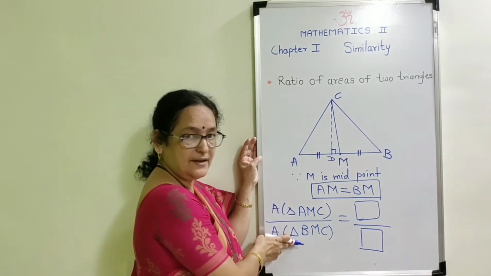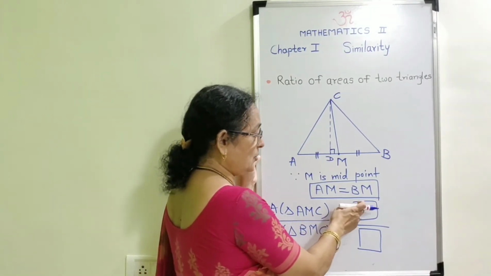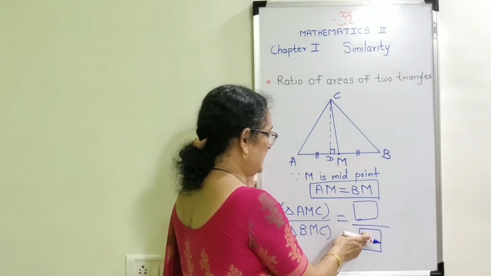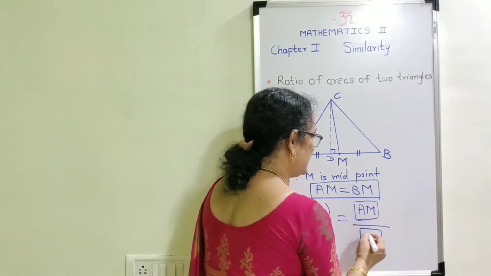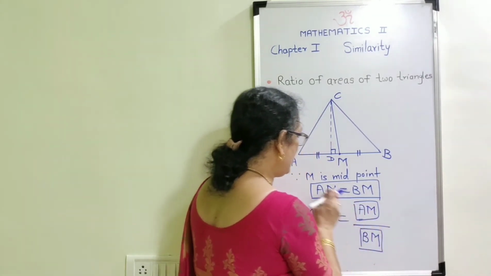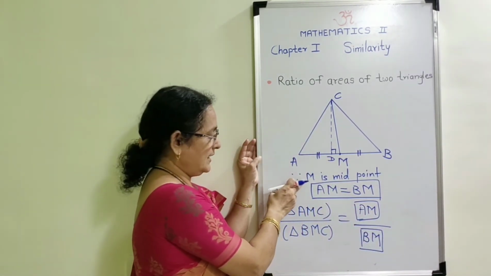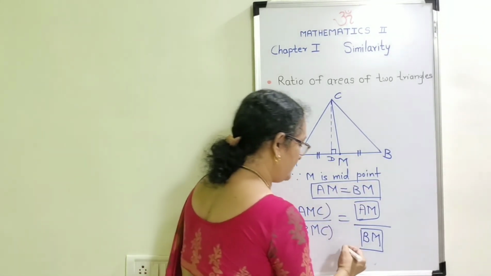Since heights are equal, the ratio of their areas is equal to the ratio of their corresponding bases. Base of the first triangle is AM, base of the second triangle is BM. But they have given M is the midpoint, and our conclusion, since M is the midpoint, is AM is equal to BM.